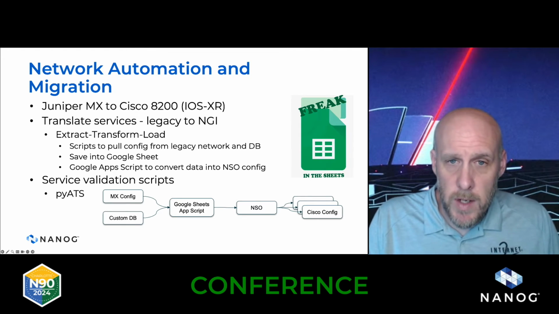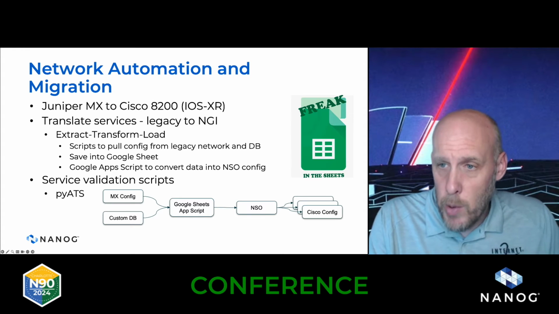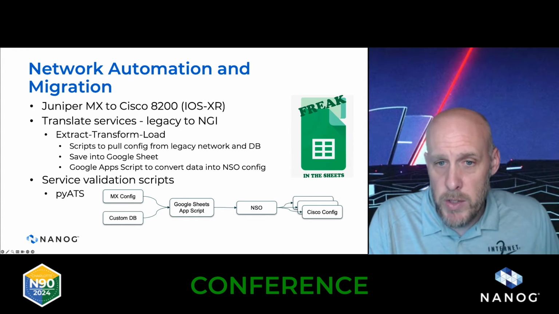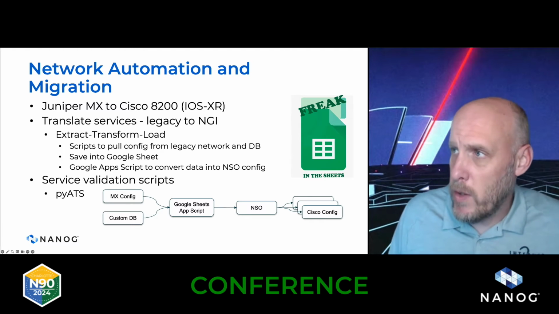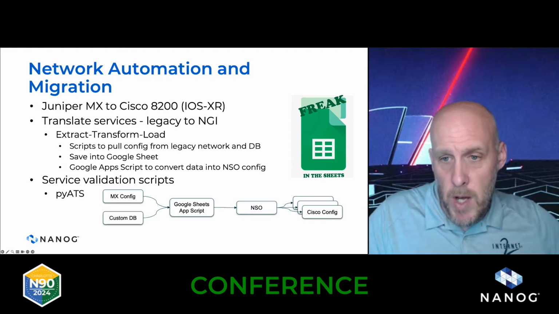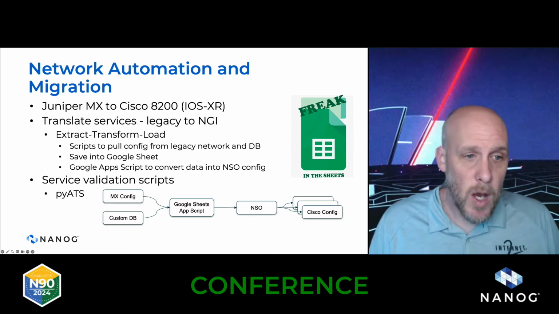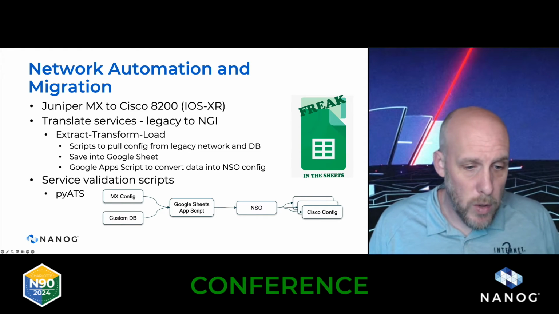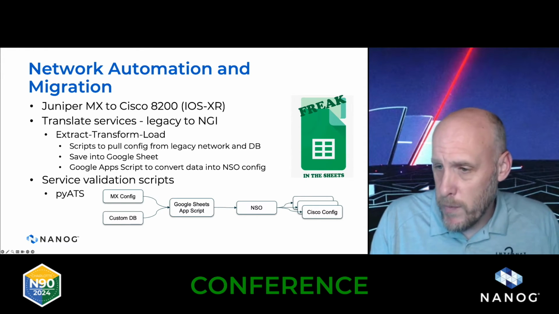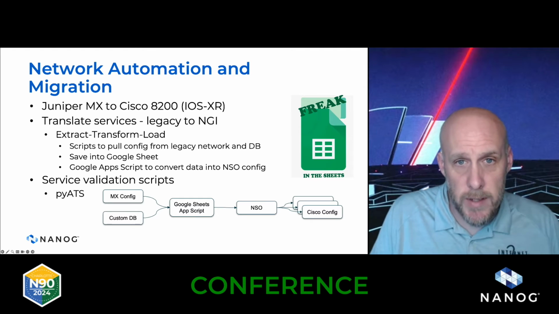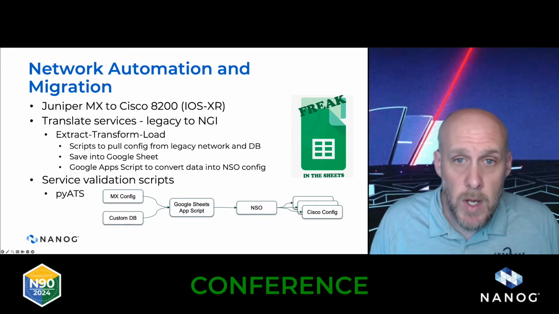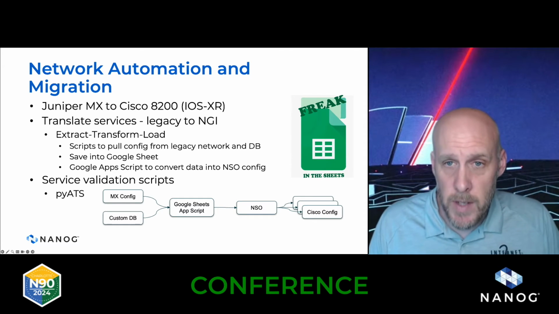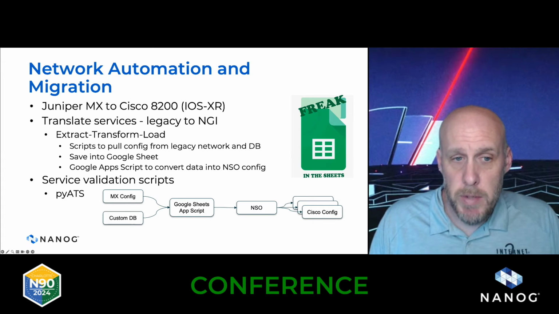We also had some custom DB information that we had to pull in to provide information to the Cisco models, because as part of our NSO models, we're starting to add metadata so we can track them, like what member the service was for, or any other data related to that, like circuit IDs and service IDs. We're actually putting that data into NSO, because then it can push that down into our network, into interface and BGP peer descriptions.